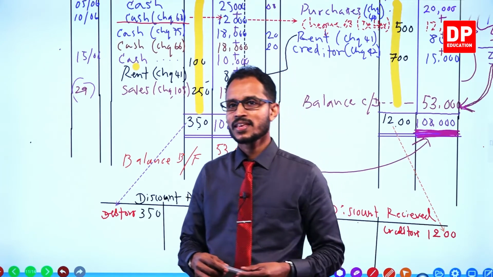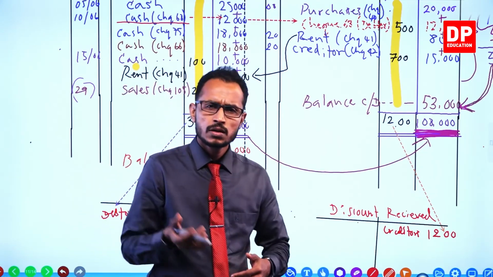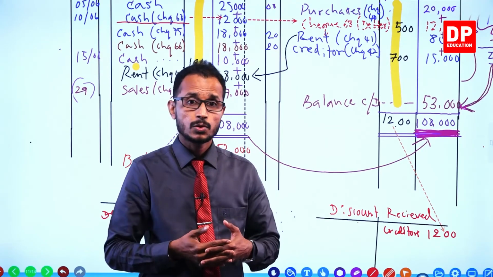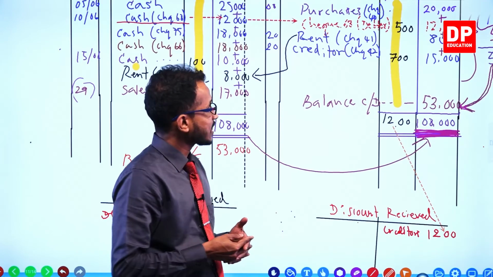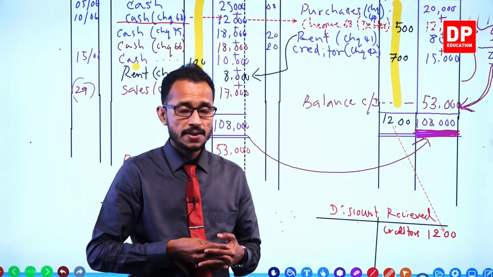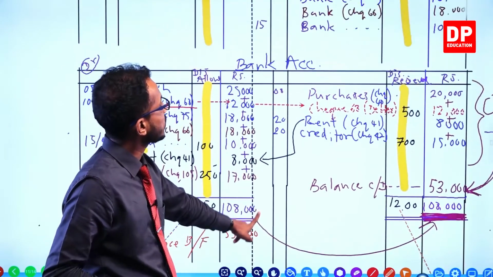That's it, children. We did something more than what was given in the question. We discussed how to handle the discount columns. Same treatment for the discount columns in the cash book too.